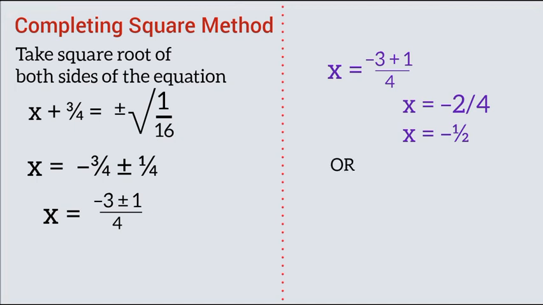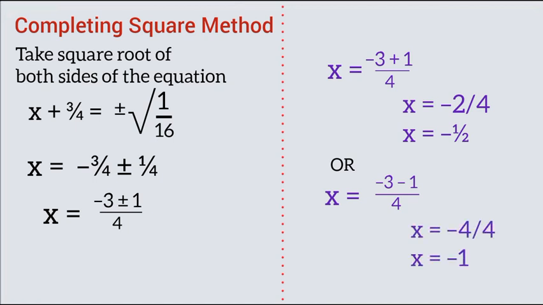Or, in the second result, we are going to pick that one of minus. Okay, so we have that x is equal to minus 3 minus 1 over 4. Simplifying that, minus 3 minus 1 will produce minus 4, then over 4.